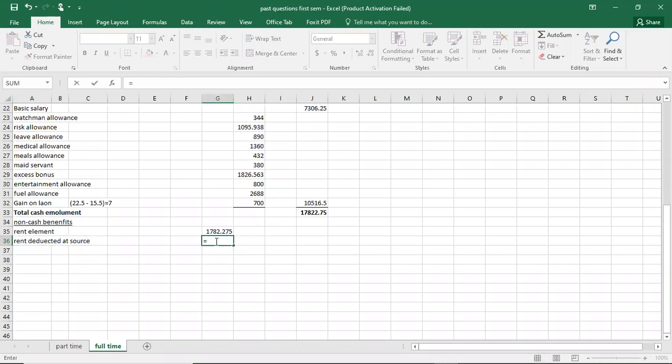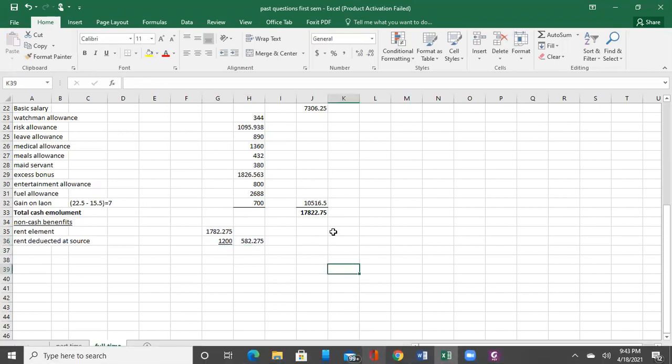He paid 100 per month, which is going to be 1,200. And so therefore, what is going to be the final answer is going to be equal to this minus this. And it will give you the final answer.